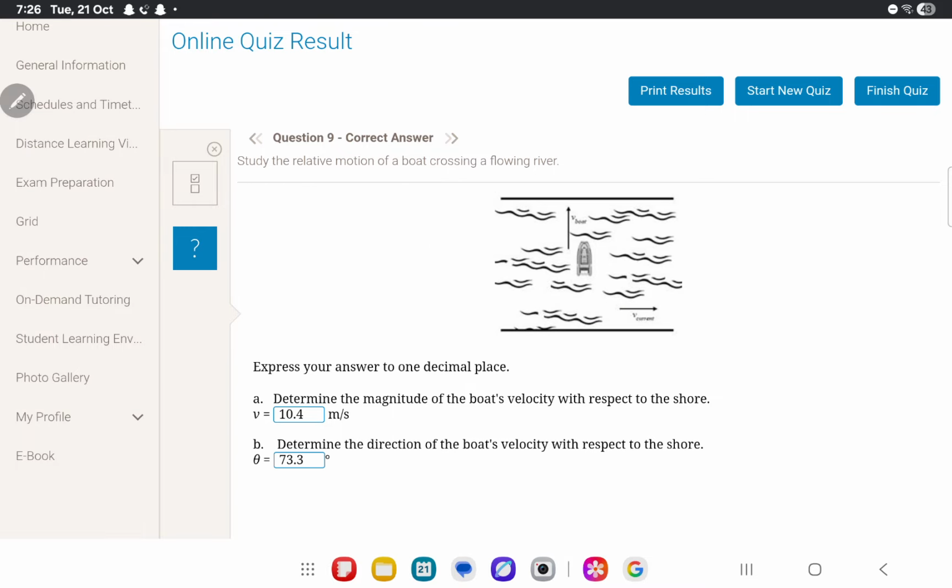Now the angle is very easy. It's the inverse tangent of 10 over 3, because remember, it's y over x, or j over i.